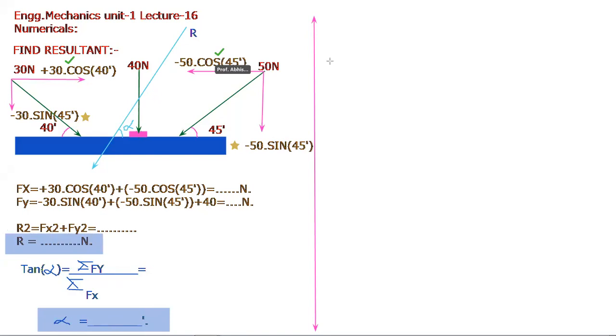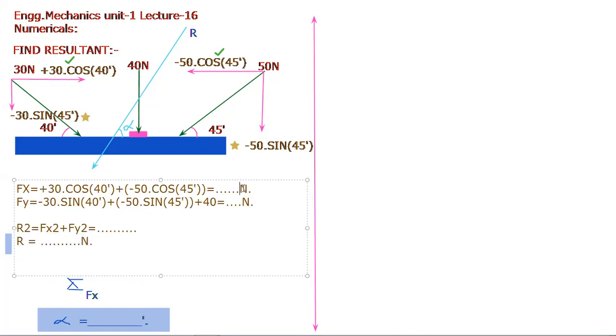So minus 12.37 is the answer given for the Fx. Also find the summation for Fy by using your calcs. Okay.